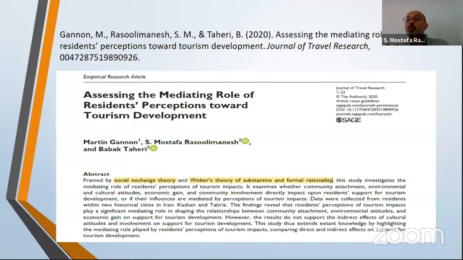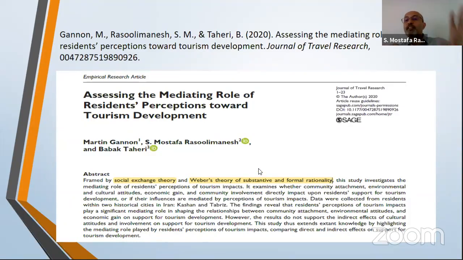Because social exchange theory has been criticized by many recent studies for the effect of antecedent on resident perception. So we didn't use social exchange theory for this relationship. We apply Weber theory for this relationship, antecedent on resident perception, antecedent on mediator.